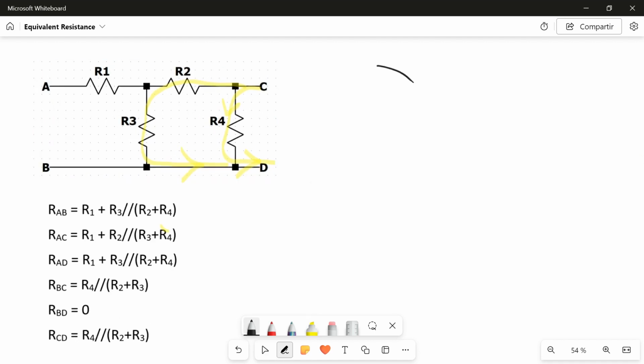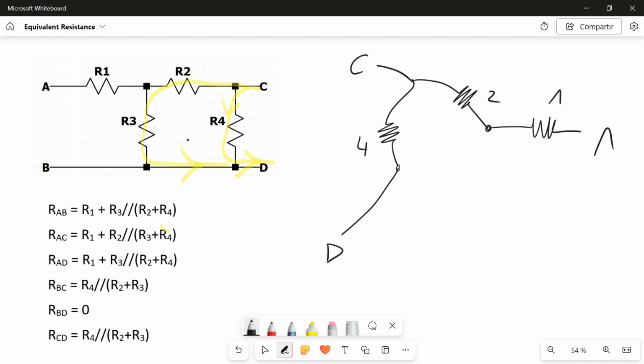The C terminal, I split into R2 from one side, R4 for the other side, and then I have my D here. And after R2, I have another split, which is R1 here with A terminal, and R3, which directly goes to B and D. So my resistance between C and D will be R4 in parallel with R2 plus R3.